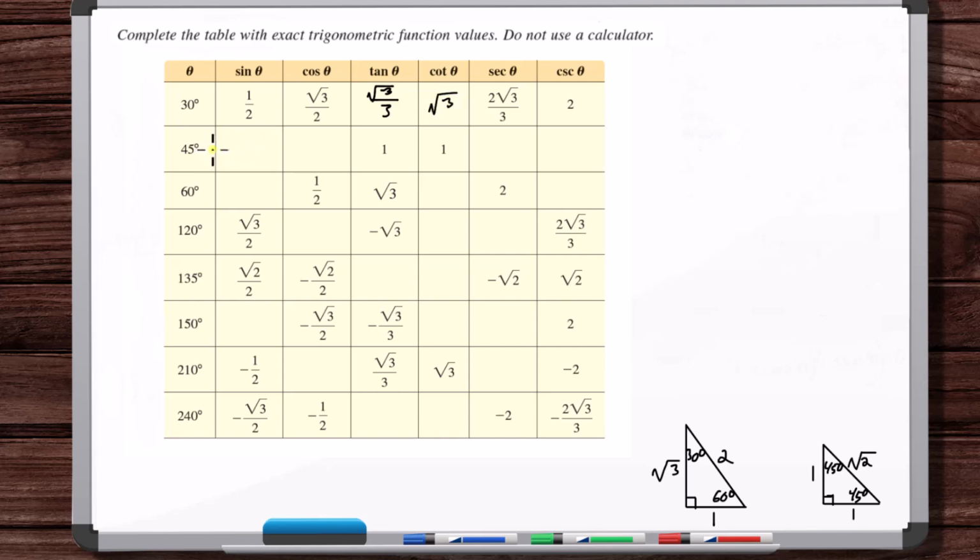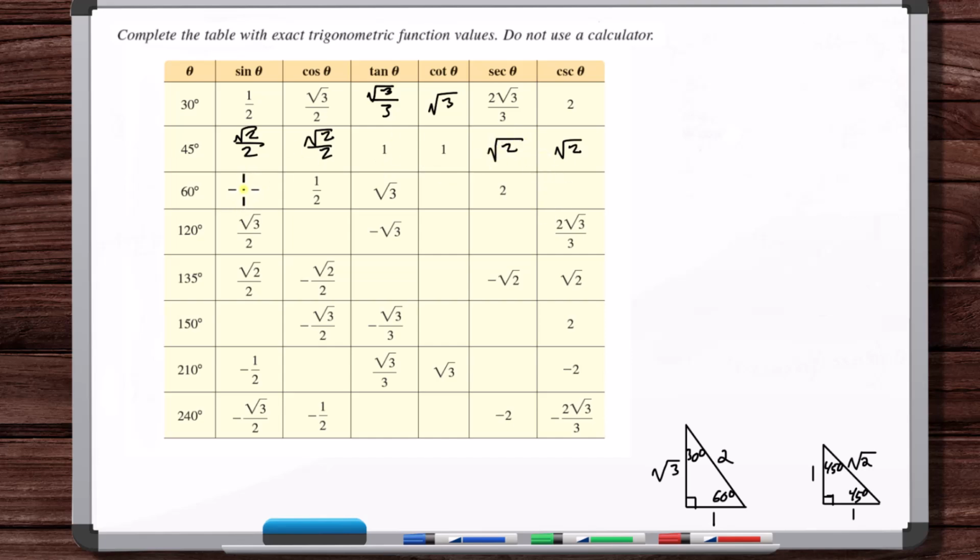There we go. 45 is going to be, a lot of these are going to be the same, so sine of 45 is opposite over hypotenuse, 1 over root 2, that's root 2 over 2. And then the reciprocal is going to be root 2. Reciprocal of sine is cosecant, so this would be root 2, because 2 over root 2 ends up rationalizing to root 2. Cosine is the exact same thing. And secant is going to be the exact same thing.